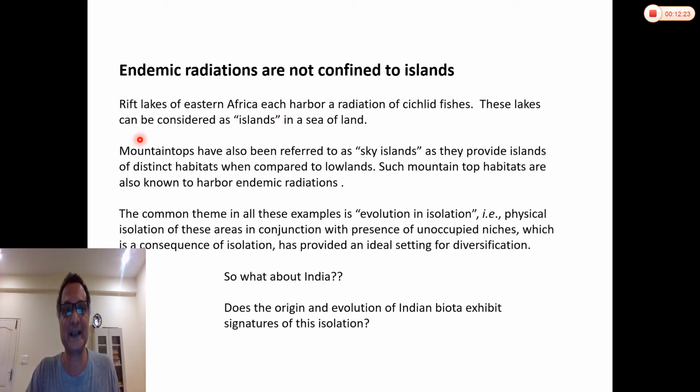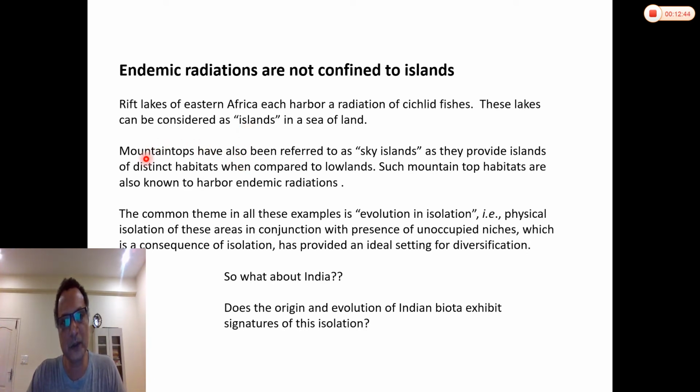So these lakes can be considered as an island in a sea of land. So these are really large lakes, right? And they are like islands in a sea of land, and they're isolated from each other. And within each of these lakes, you have radiation, right? So again, one lineage radiating into multiple species.